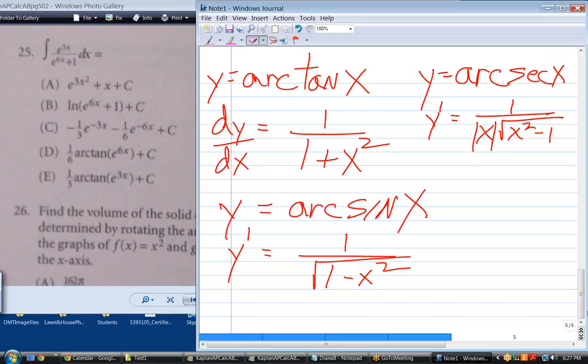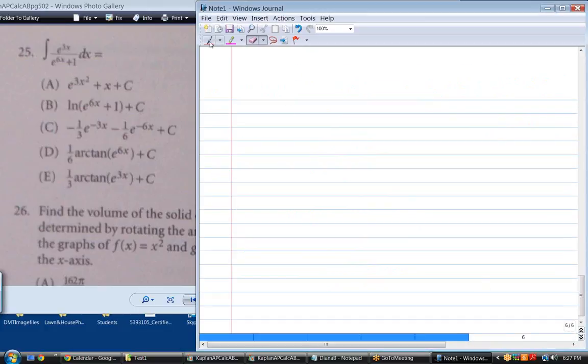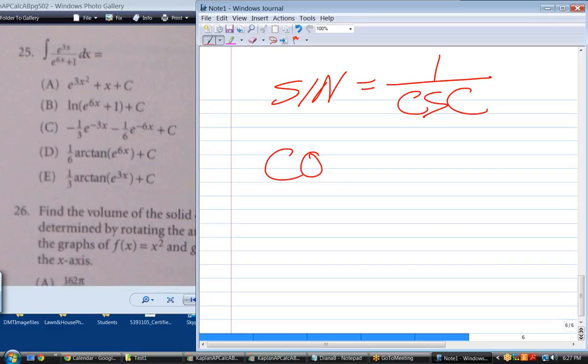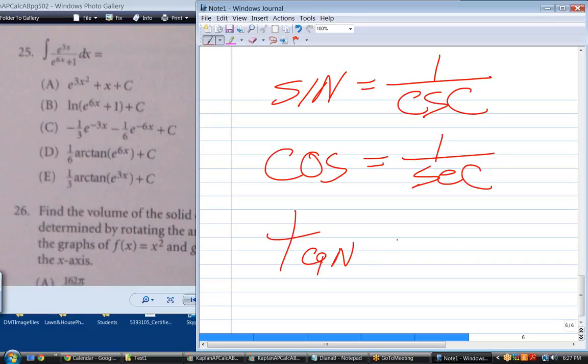It can be a little confusing, especially with the way I teach reciprocals, because I teach reciprocals that there is one co in every pair, but these are not cofunctions. These are reciprocal functions.